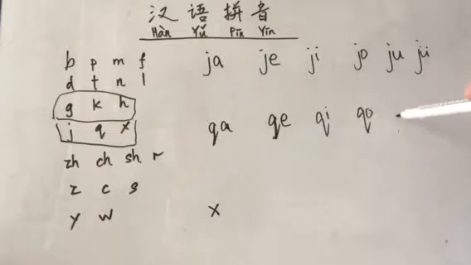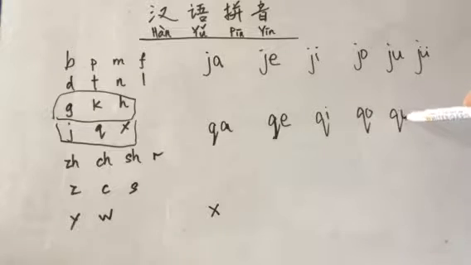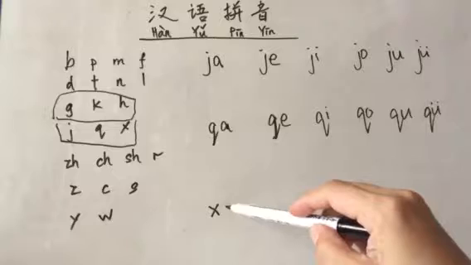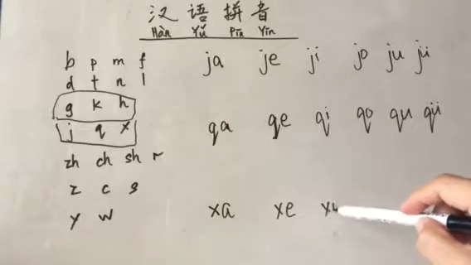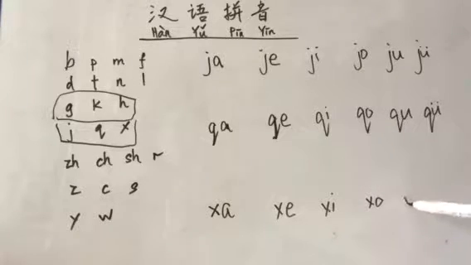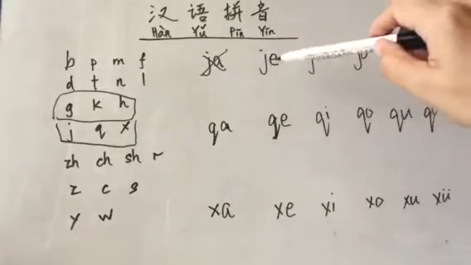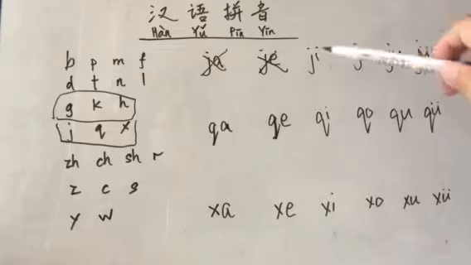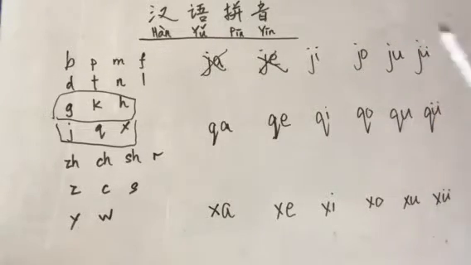Q, O, oops. Q, U. Ji, A, no such thing. Okay, so the first one is Ji, E, Ji.